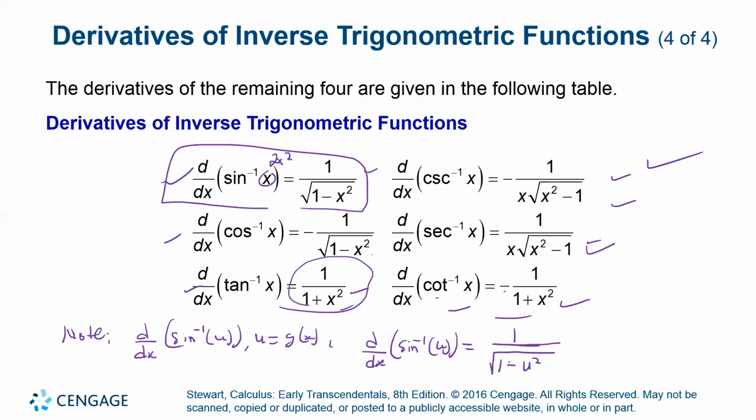The only difference is that I'll use the chain rule, so whatever you have is squared, then times du over dx.